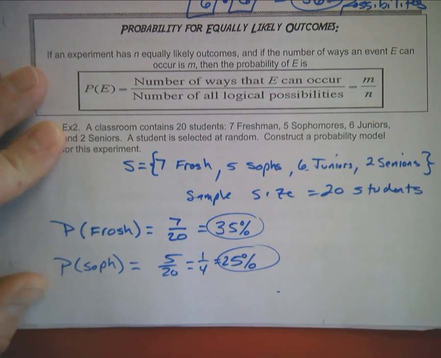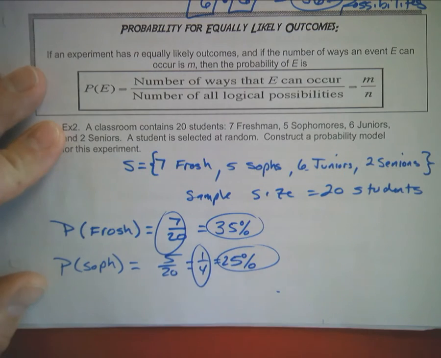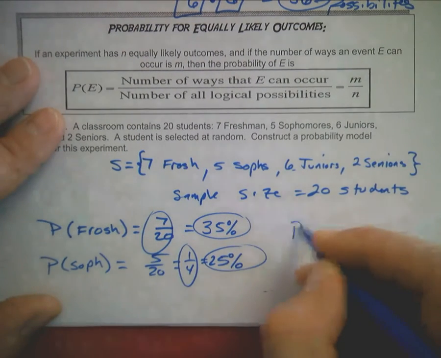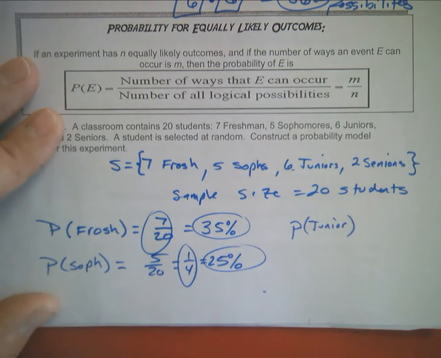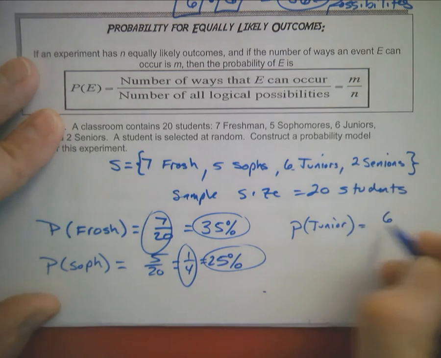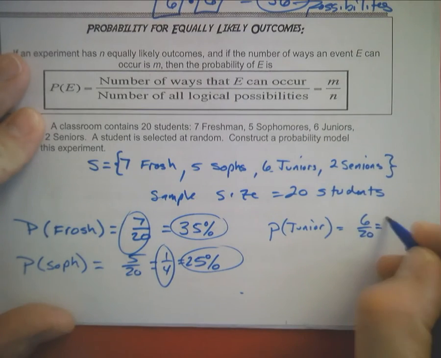Okay. And then we go through and do the last two. The probability of getting a junior at random: there are 6 juniors out of 20. Well, that's 3 out of 10, which we know is 30%.